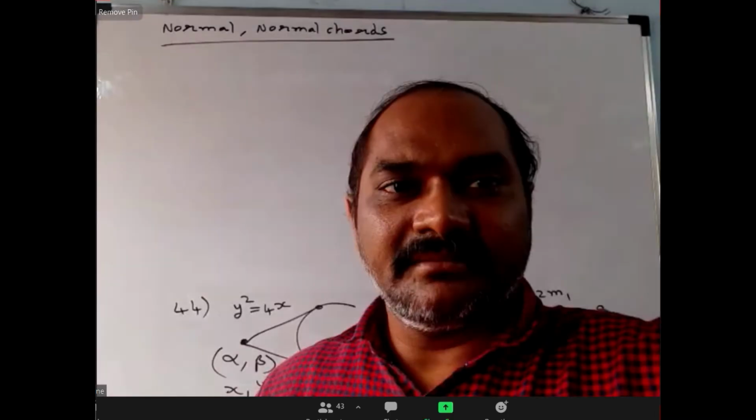Next, synopsis points: 50, 51, 52, 54, 55, 56, 58, 60, up to 66. Students, up to which problem did we complete? Up to 70.